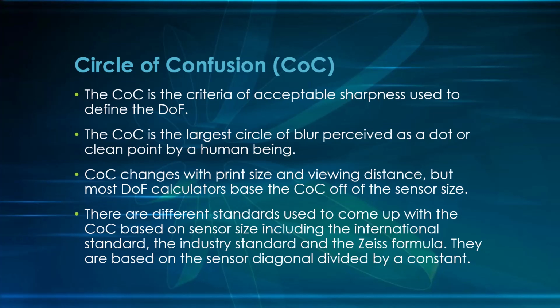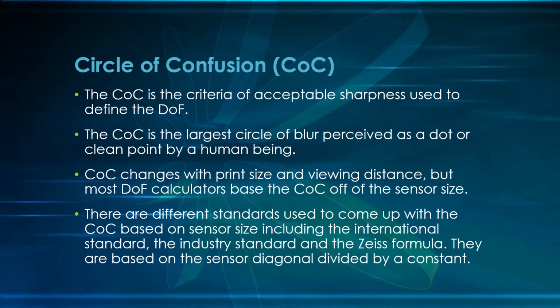And there are a few different standards of it. The circle of confusion is the largest circle of blur perceived as a dot or a clear point by a human being, which is a confusing statement, but it has to do with a point of light. It's at what point it starts to appear to be blurred.